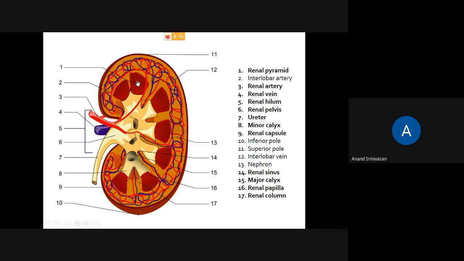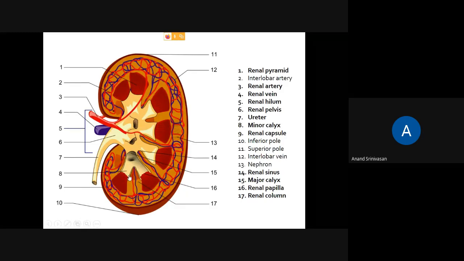The substances which are not required by the human body are excreted through these renal pyramids. The base of the renal pyramid is near the cortex and the apex is near the medulla. So this is the apex of the renal pyramid.